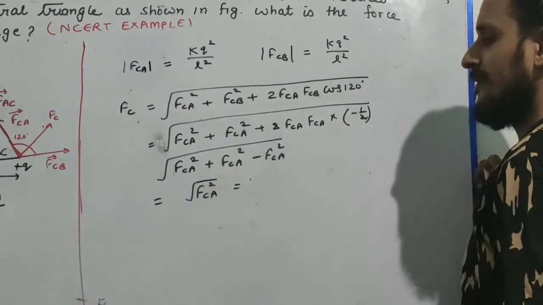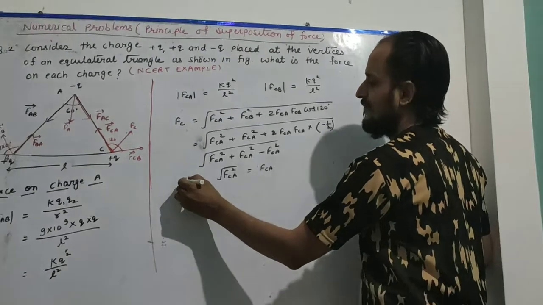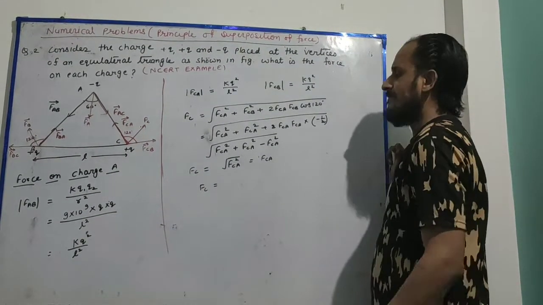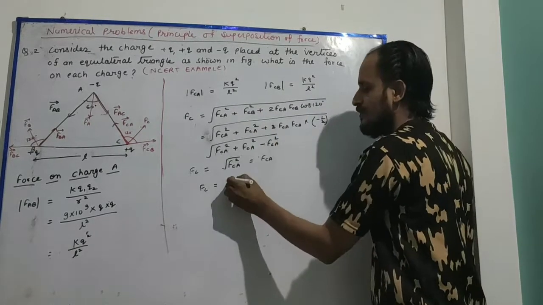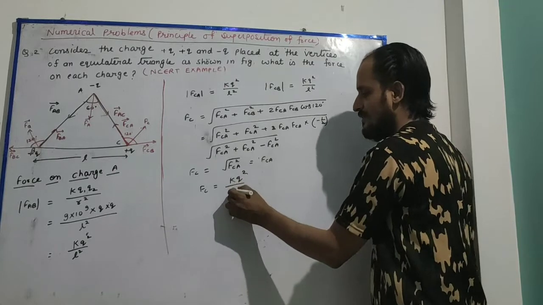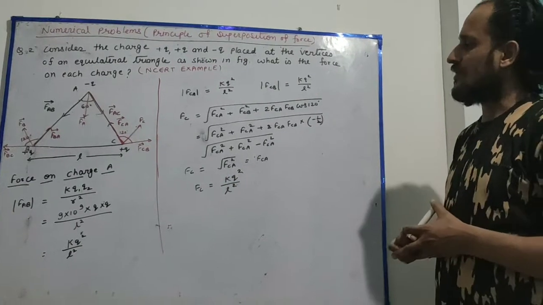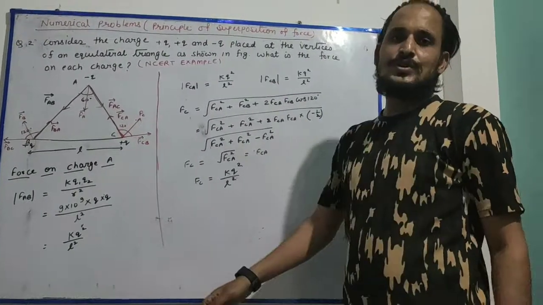So finally it is equal to FCA. The resultant force on C is equal to the magnitude of force acting between C and A, and it's equal to KQ square upon L square. So you can see we have calculated the force on each charge using the principle of superposition of force.